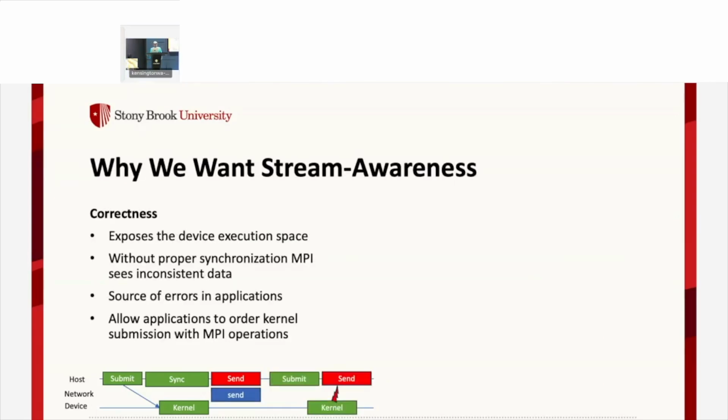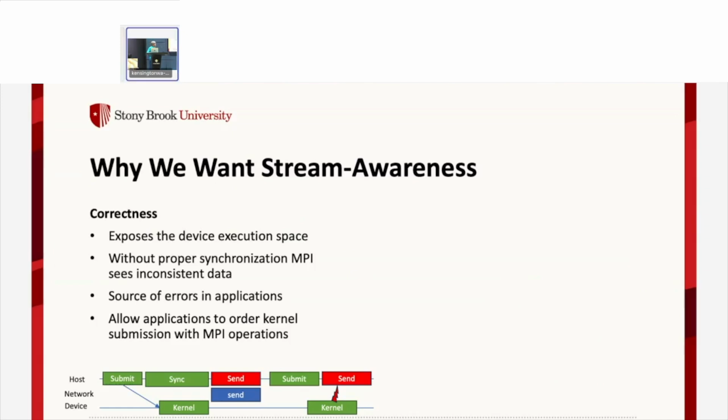So there are two reasons why we want stream awareness. One is correctness. It exposes the device execution space to MPI, so that we see consistent data and avoid the errors that we've seen, and we've actually had users in OpenMPI complaining and asking how to properly do this.